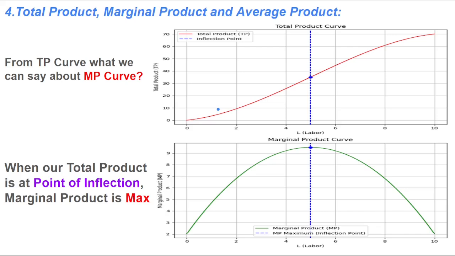So what can we say about the MP curve for our TP curve? Remember, when our TP curve is at the point of inflection, our MP, or marginal product, is maximum. So when our total product is at the point of inflection, our marginal product is max.